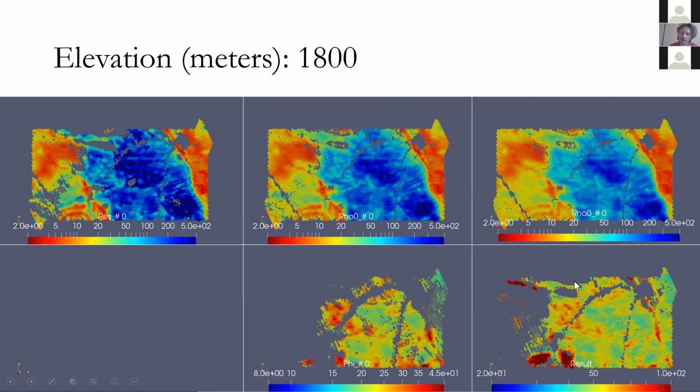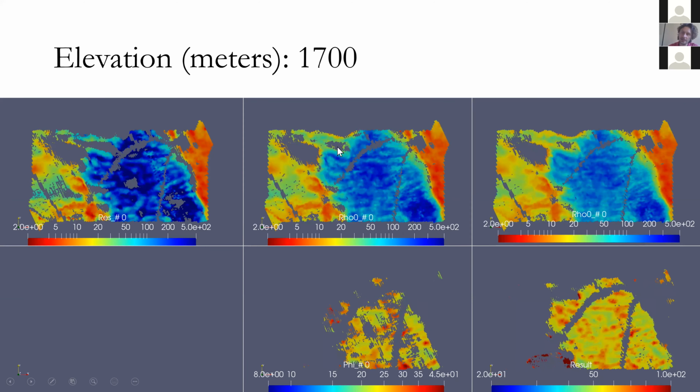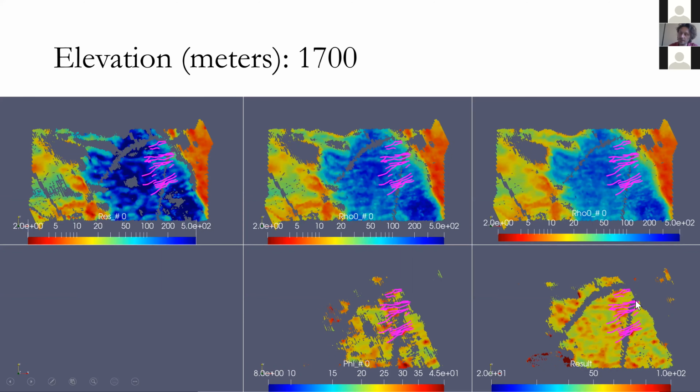So here we're at 1800 meters, and here at 1700. So here all these IP anomalies are quite deep. They are elongated in the right direction in terms of prior information, and they match quite nicely with the IP imaging that's been done on the ground. So these are the veins.